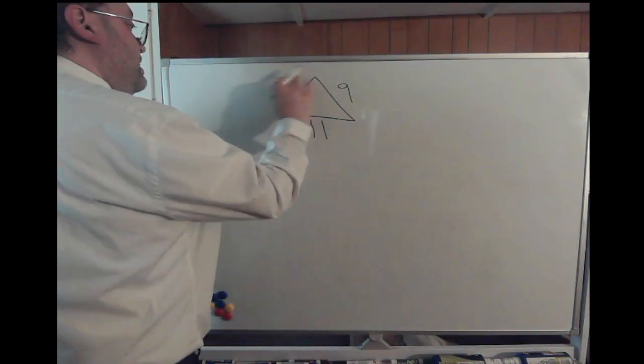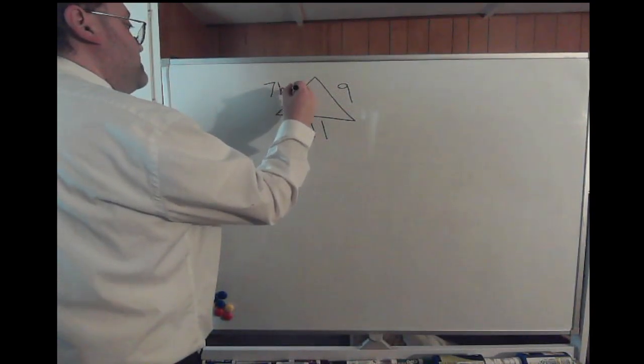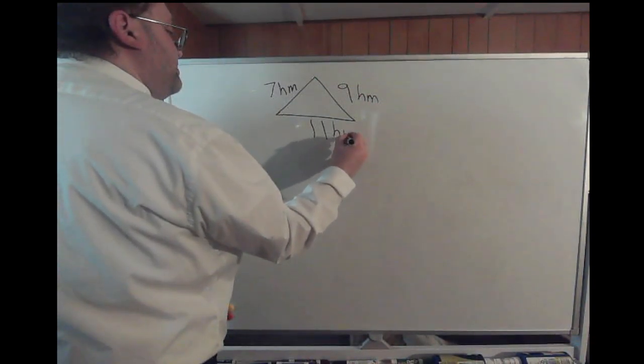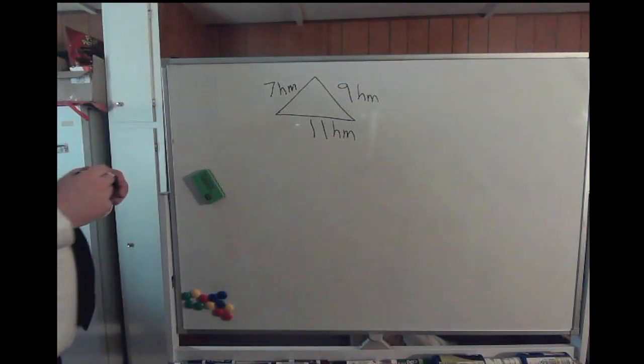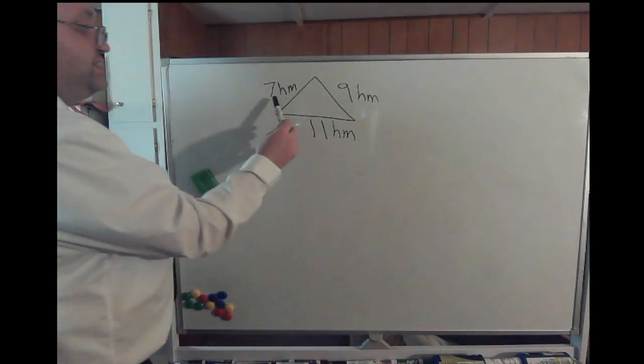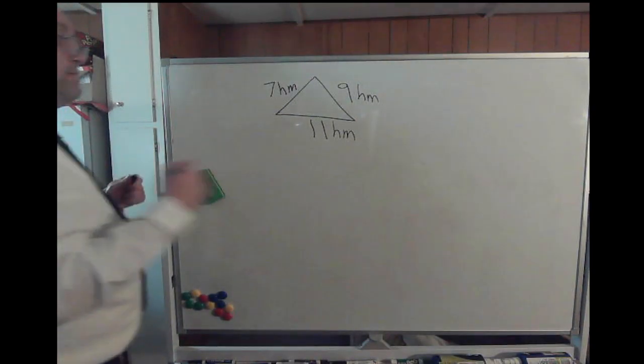Let's say we have a triangle that has side lengths of 7 hectometers, 9 hectometers, and 11 hectometers.